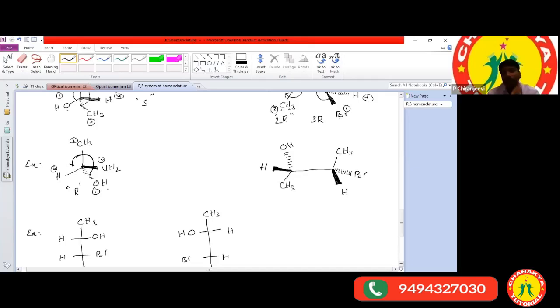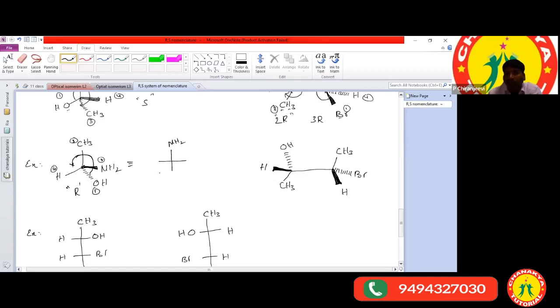Whenever you have any doubt, these three-dimensional structures we can also convert into the Fisher projection formula. Sir, how can we convert into the Fisher projection formula? Sir, the group which is towards the observer, we can write above the plane, NH2.